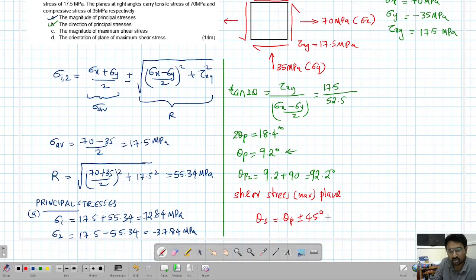So this can give me two answers. Theta p plus 45 degrees is 9.2 plus 45, which gives 54.2 degrees. Another value is 9.2 minus 45, which is approximately minus 35.8 degrees.